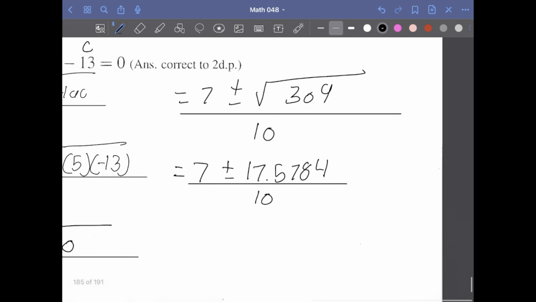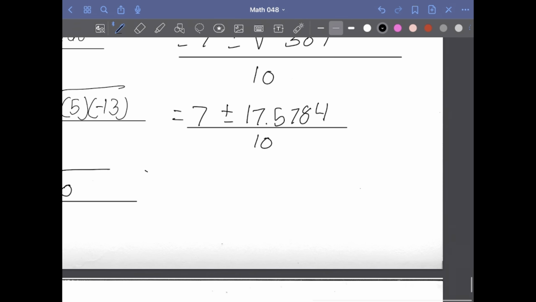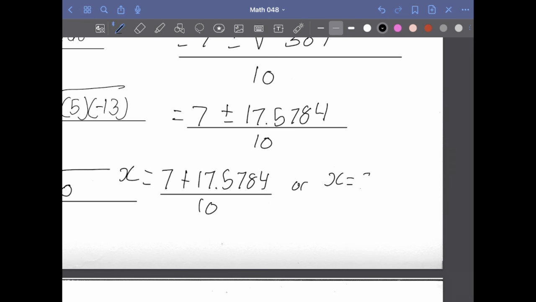So x is equal to 7 plus 17.5784 divided by 10, or x is equal to 7 minus 17.5784 divided by 10.